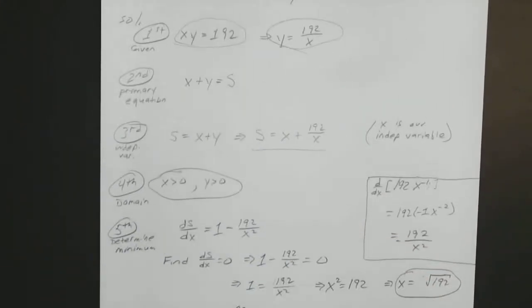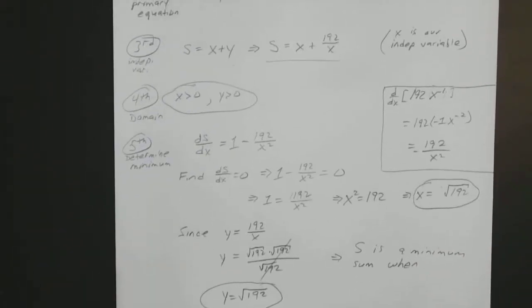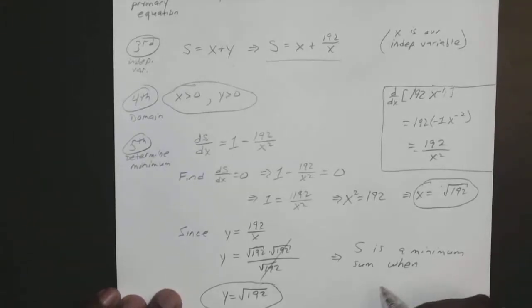Yep, that's the equation we were given at the beginning. Our derivative just lets us know where our critical points are, so it's either a maximum or minimum. Once we know those, then we just have to find the point right there. The sum is a minimum when x is equal to y is equal to the square root of 192.